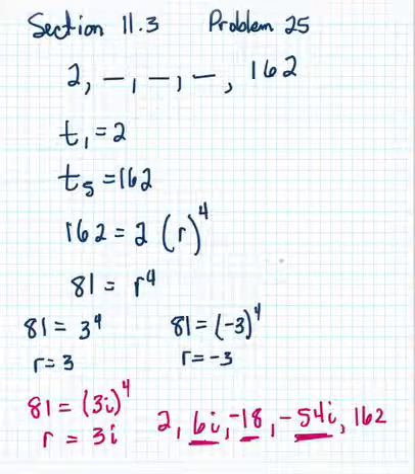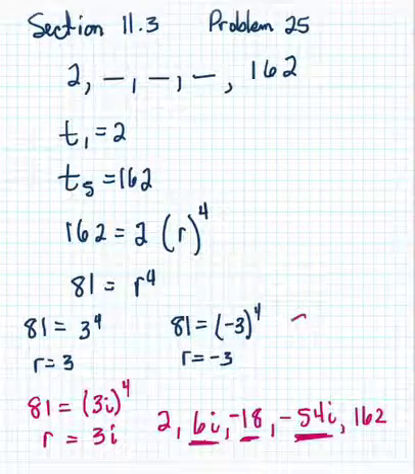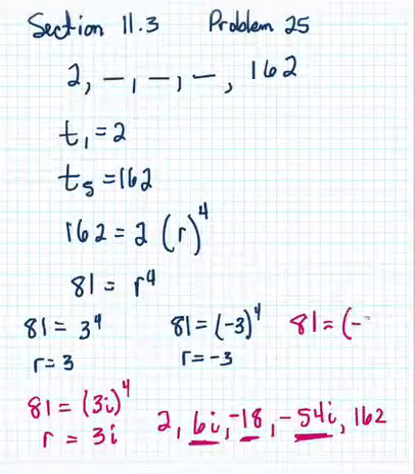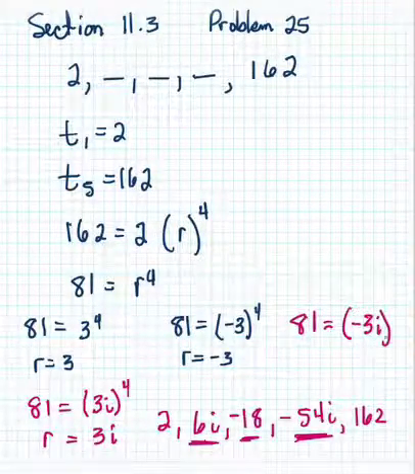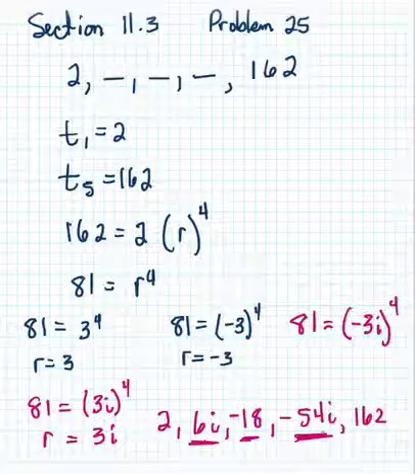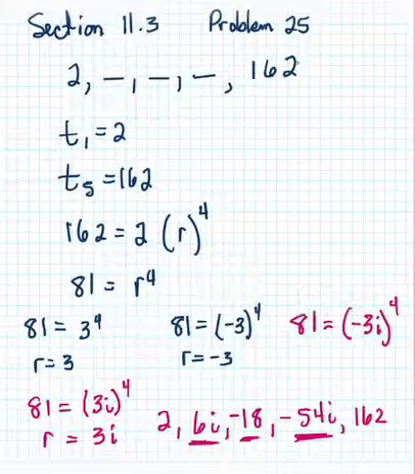Now there's another possibility, we're not done. The other possibility is that 81 equals negative 3i raised to the fourth. This will also work. If you take negative 3i times negative 3i times negative 3i times negative 3i, you also get positive 81.